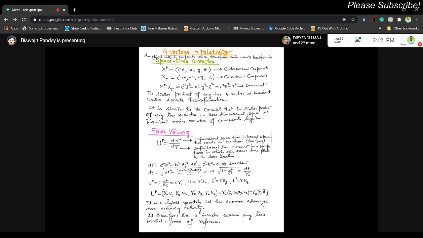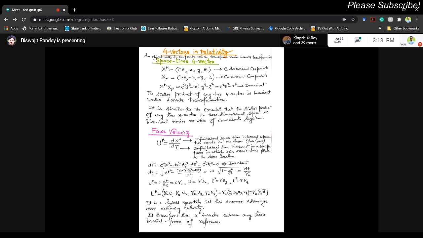So suppose you consider photon to be a particle, there is no harm in it, but can you find a photon at rest? Yes or no? No. That means 4 velocity of photon is undefined. You cannot define 4 velocity of a photon because everything is based on the property of light here, because d tau is the proper time interval, right?